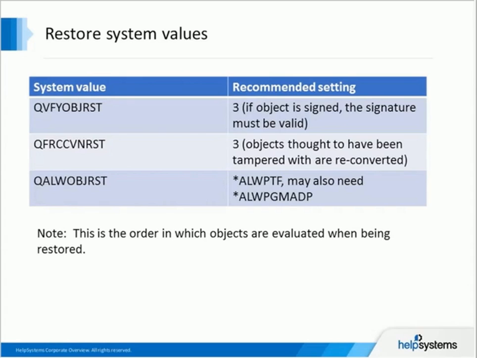Basically, if you say *NONE for this, then you're not going to allow much to be restored onto the system. So practically speaking, you'll want to specify allow PTF on there, and if your application security model uses adopted authority, you'll probably also have to have allow program adopt for this value.